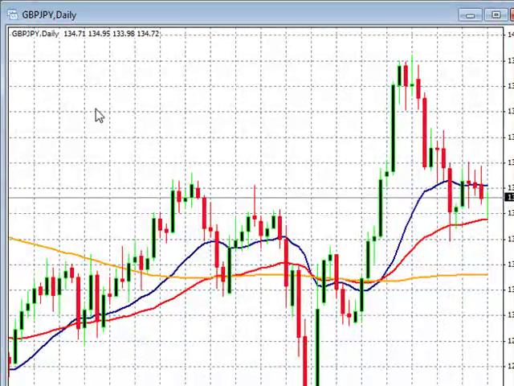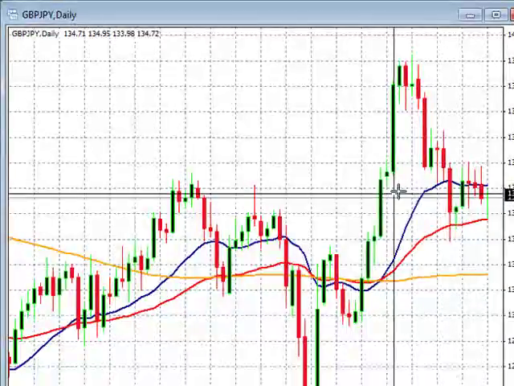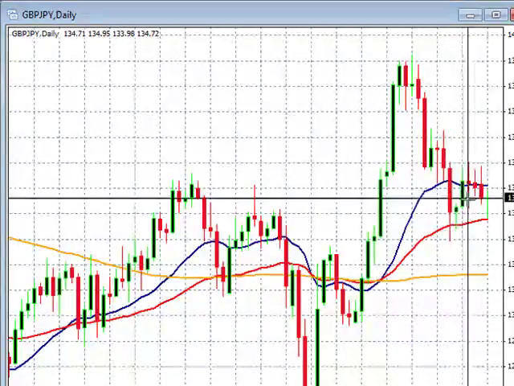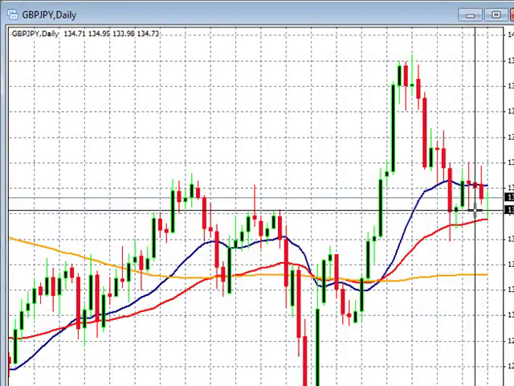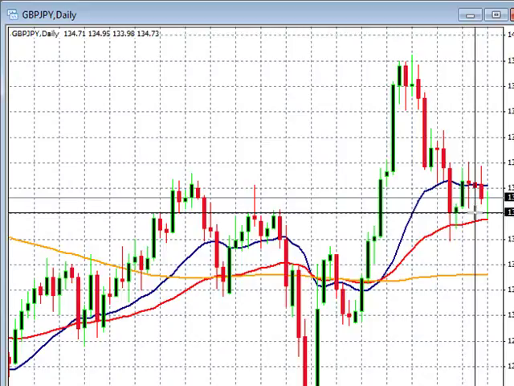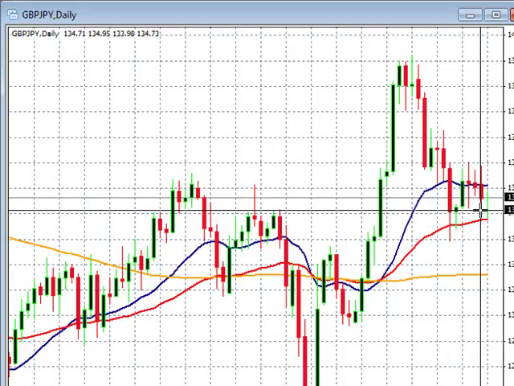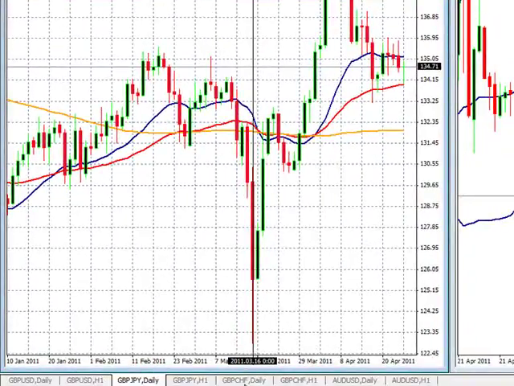And so what you're going to start doing is watching these wicks, and as soon as we can get above 135.95, or we can get below 134.25, maybe even 133.25. Once we get below this range, we should have a break one way or the other. Right now, I still believe there is no clear high probability trade.